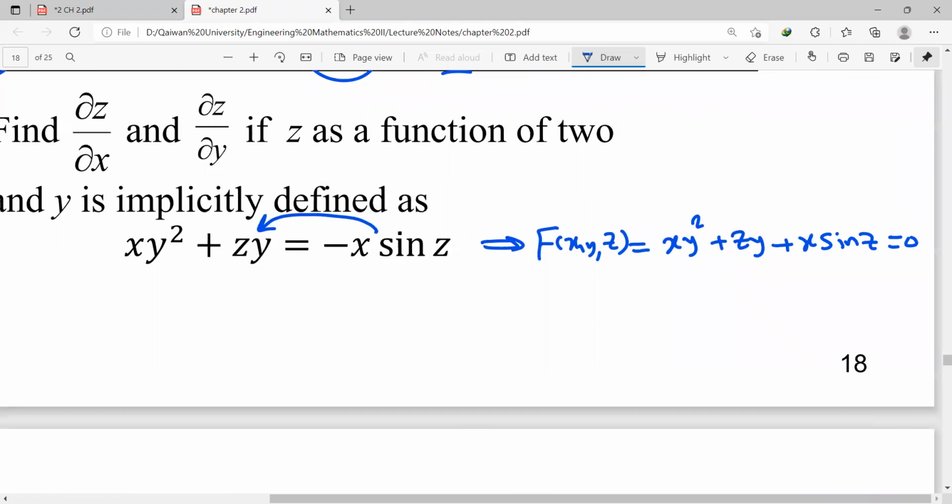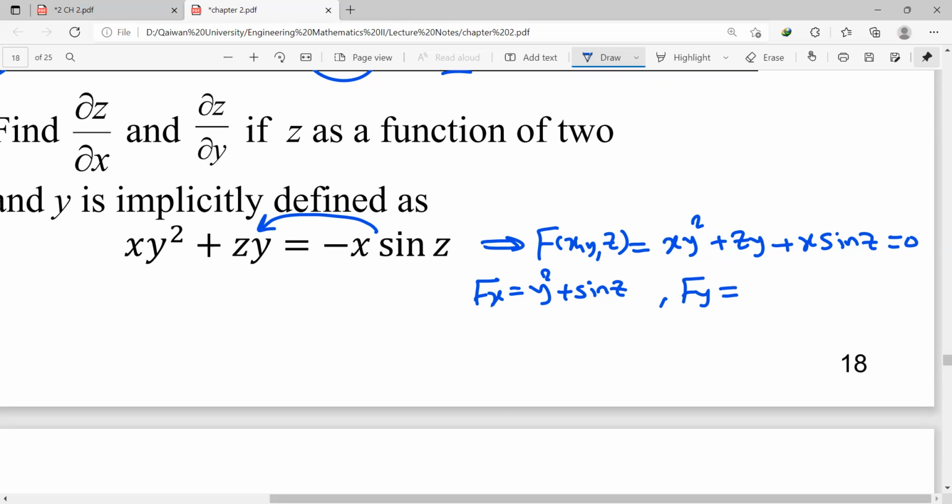Here, f sub x equals what? What's f sub x? It's y squared plus sine z. How about f sub y? The last term is 0.